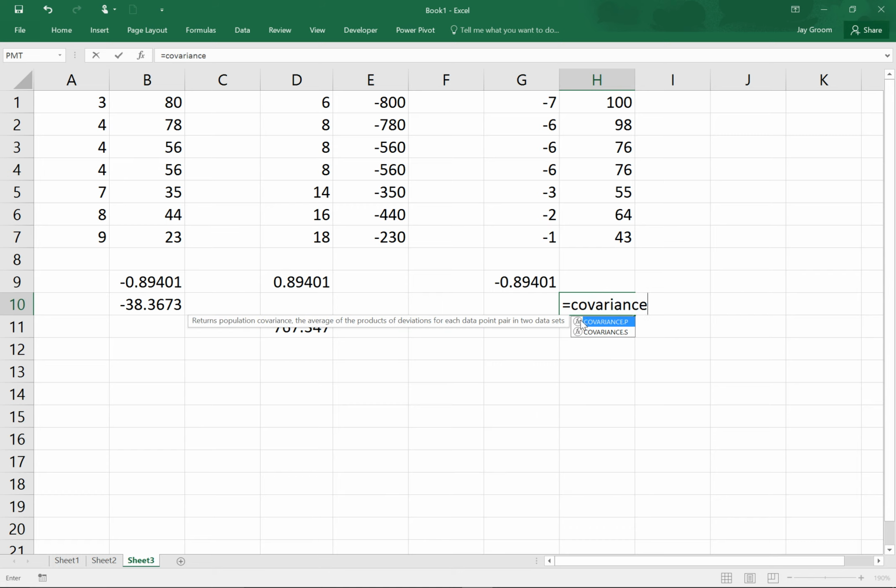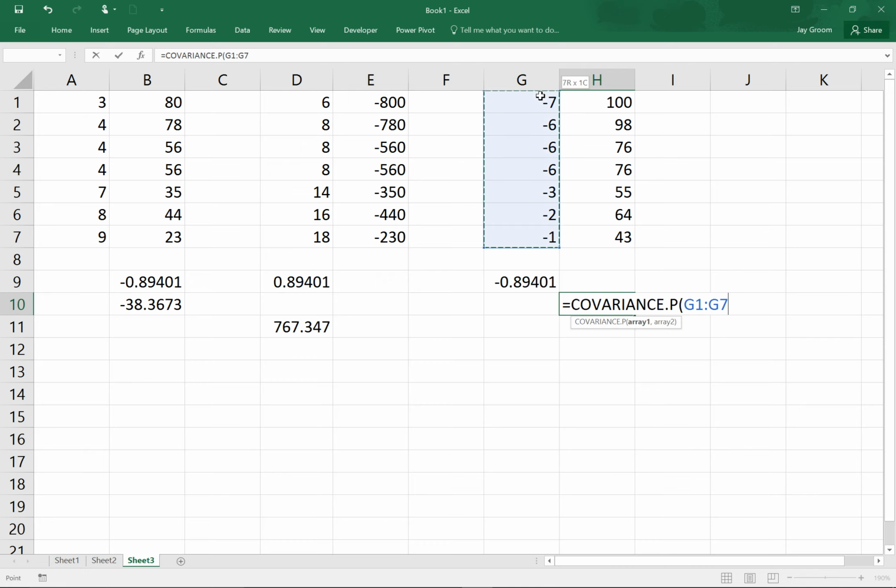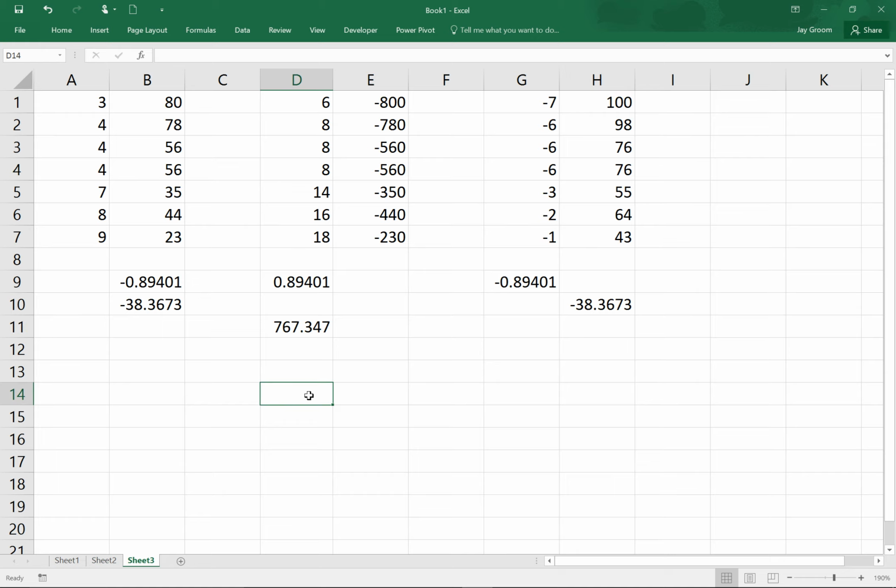What I was getting at is, what's the difference between these guys? Notice that the correlation doesn't change. The correlation here and the correlation here don't change because all we did was shift it sideways, yes? So the standard deviations didn't change. However, the one in the middle here did.